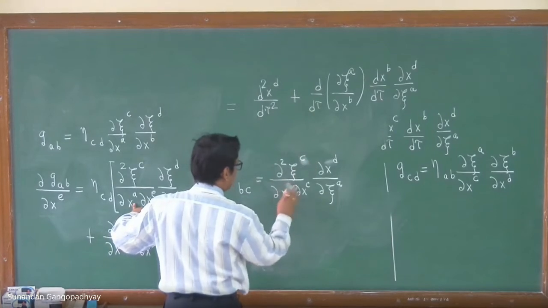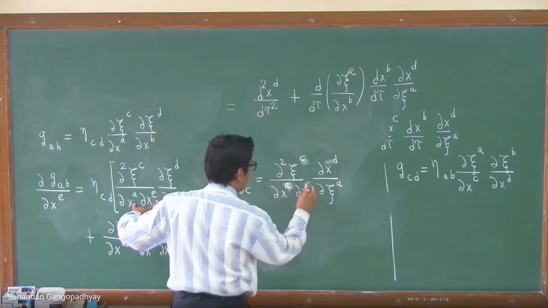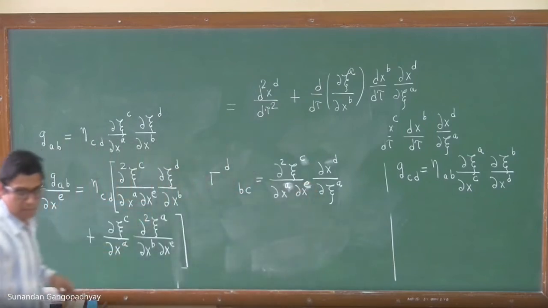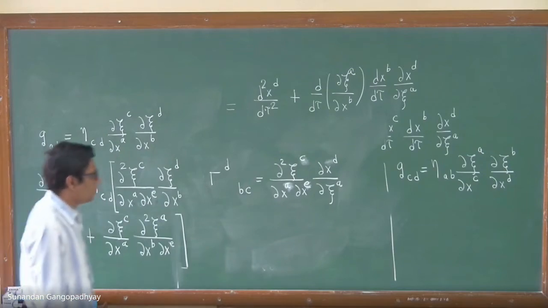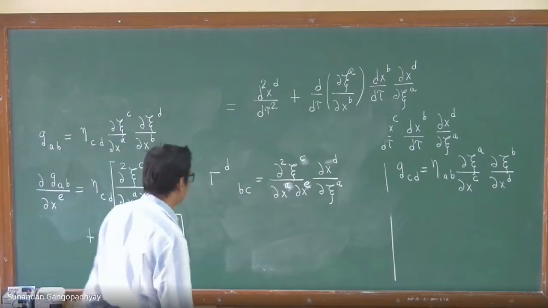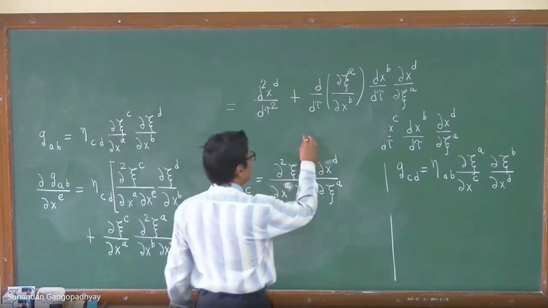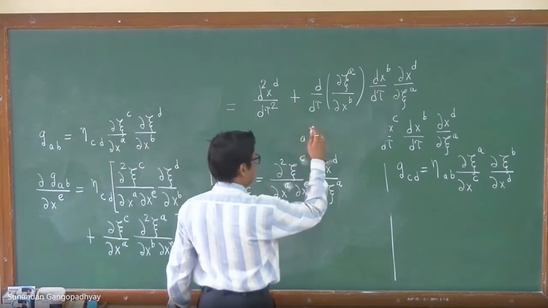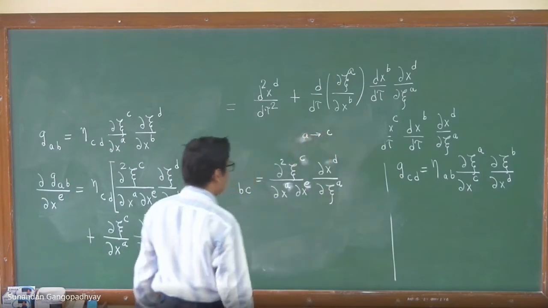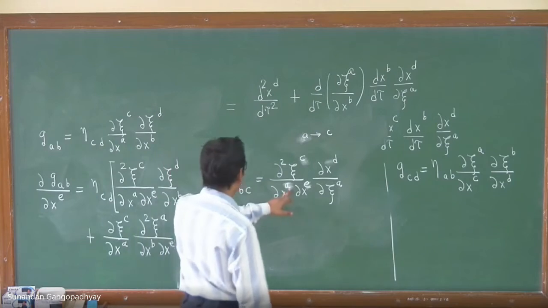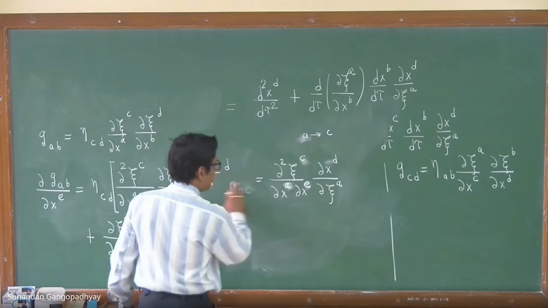You can do it yourself also. Please try to do it yourself. I am doing it on the board, and you can check it with my calculation later. What I am doing is I replace a by c, and what were these indices? b and c, replaced by a and e.